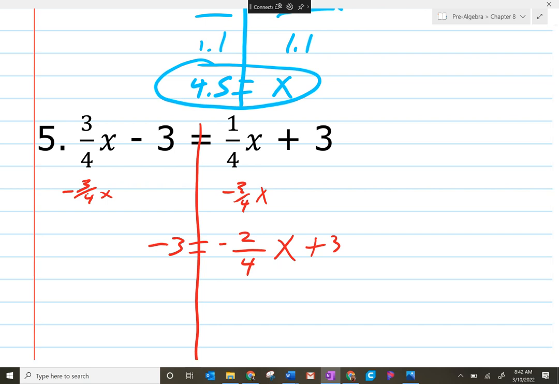All right. Next step. Daniel? Add 3 to both sides. You want me to add 3 to both sides? Okay. I could add 3, but I'm going to subtract 3 from both sides. Negative 3 minus 3. What is that?